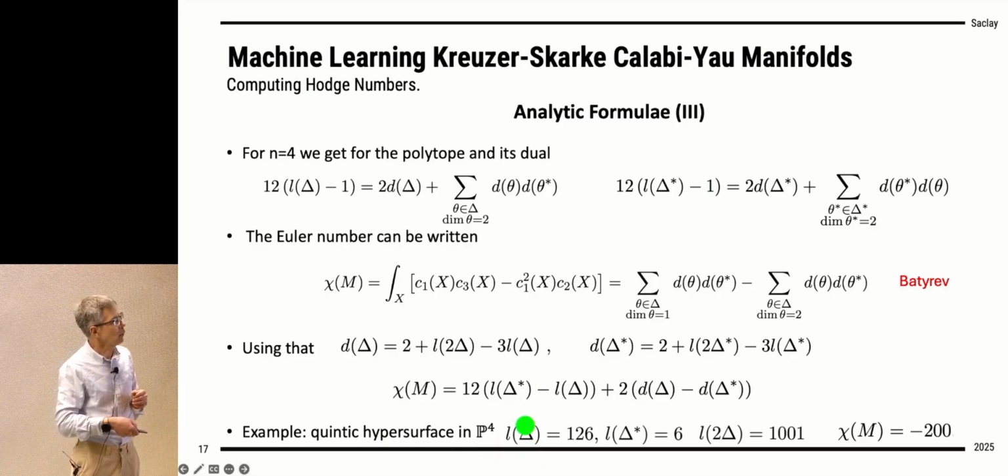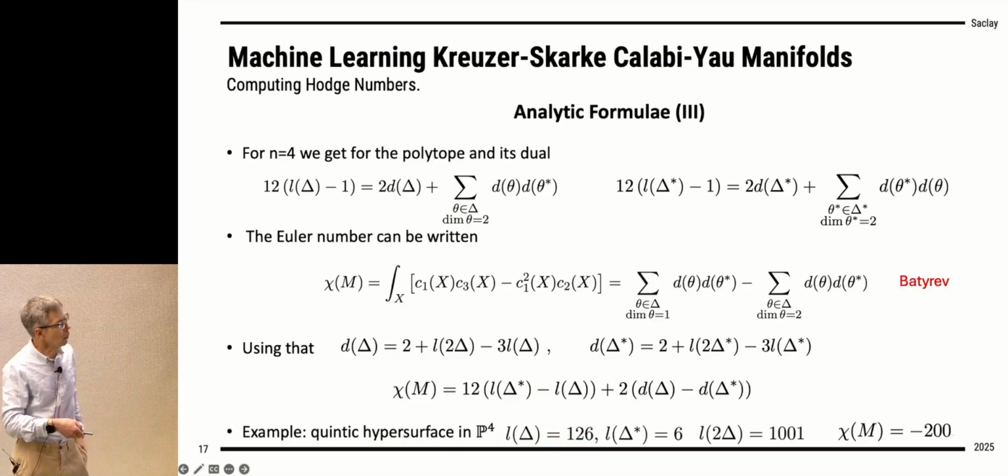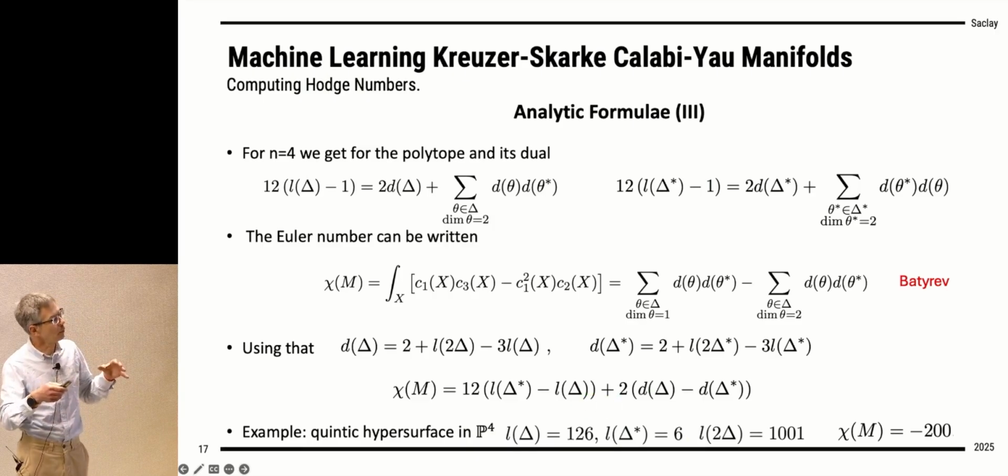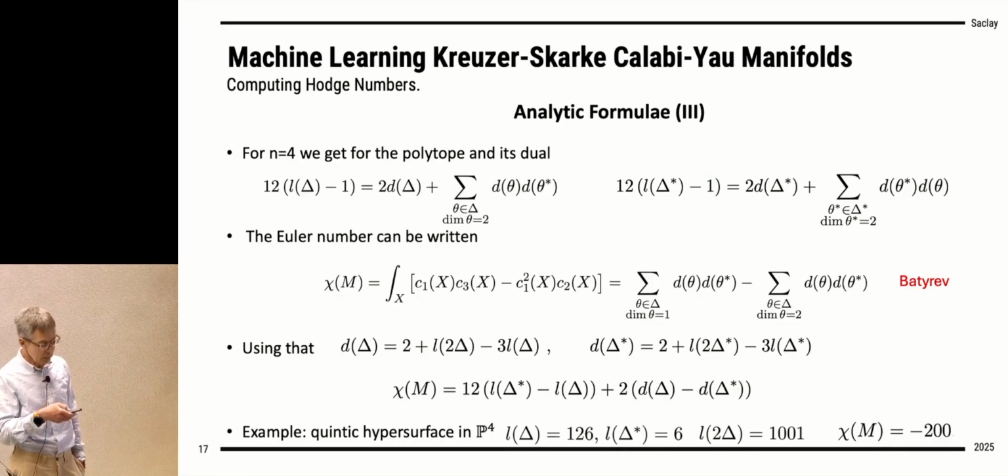You can count the number of monomials, there are 126 of them. In the dual polytope, there are only 6 points. This is the generalization of the 2-dimensional polytope, where there were 4 points. In 4 dimensions, there are 6 points.